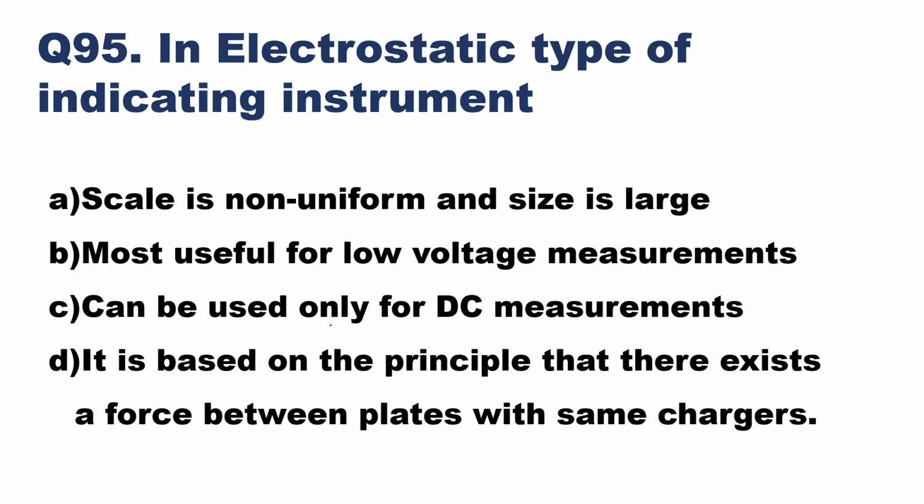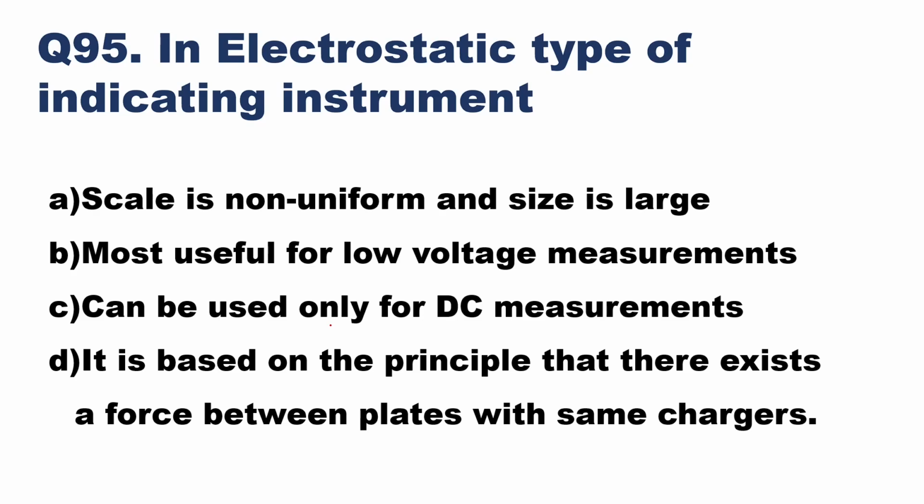In electrostatic type of indicating instruments, so options are: scale is non-uniform and size is large. Option B is most useful for low voltage measurements. Option C is can be used only for DC measurements. Option D is it is based on the principle that there exists a force between plates with same charges. Now, if you see the disadvantages of electrostatic type instruments, in that disadvantage, there is an option that the scale is non-uniform and the size is large.